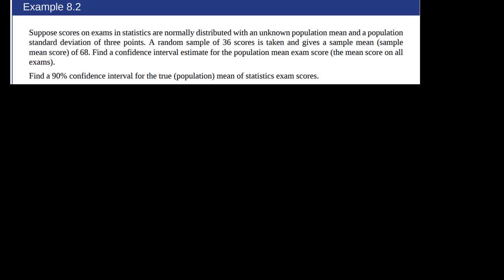So we're supposing that the scores on exams in a statistics class are normally distributed and they have an unknown population mean. So mu, the population mean, we don't know what it is. The population standard deviation, though, is 3 points.